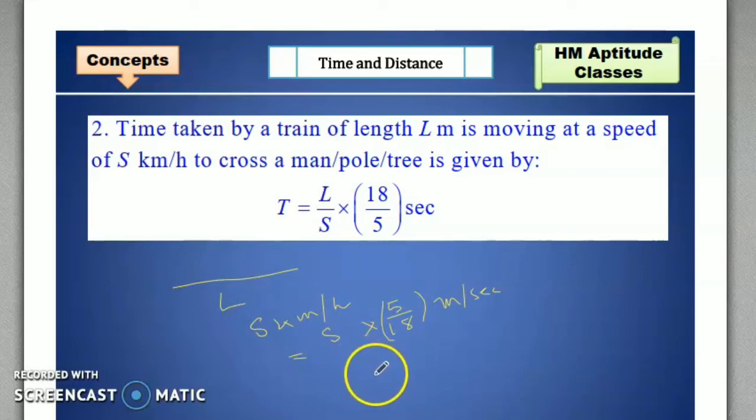If we need to cross a man, pole or tree, then it needs to travel a distance of L meter.